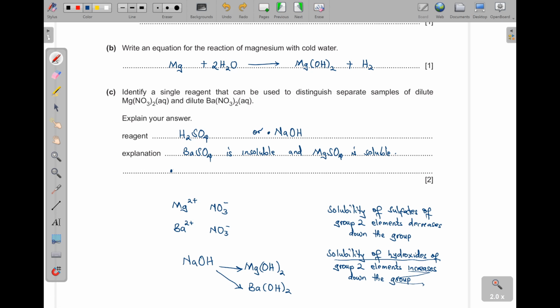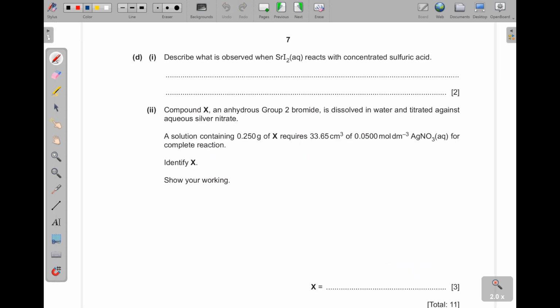We shall say that magnesium hydroxide is insoluble and barium hydroxide is soluble. This would be the answer for this one here. So that is that.